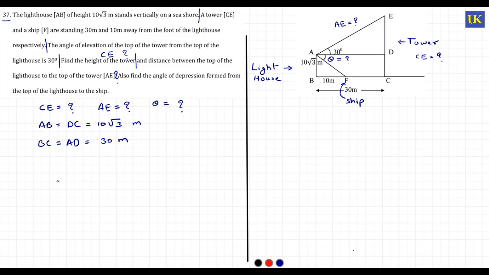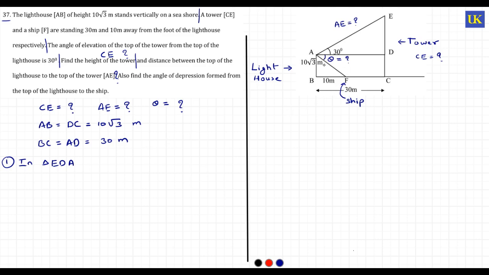Now let's start solving it. Firstly, we will say in triangle EDA. This is the triangle we are considering now.